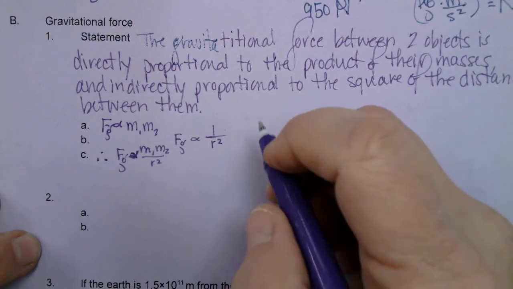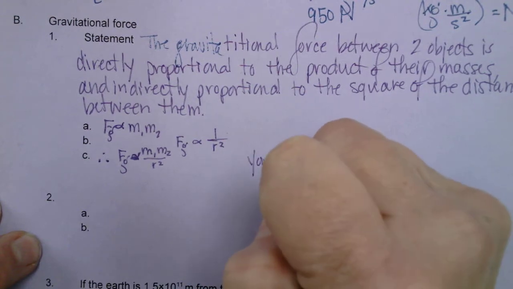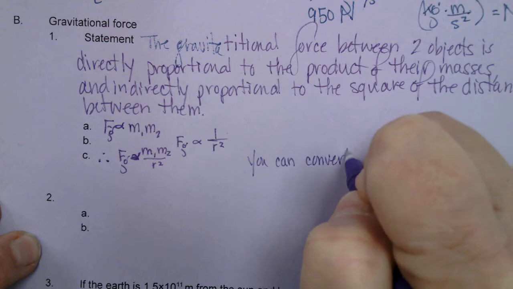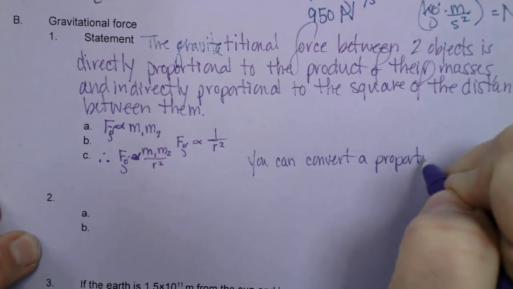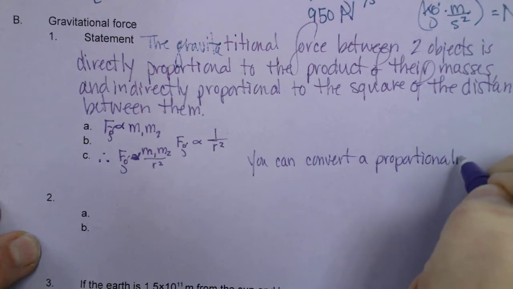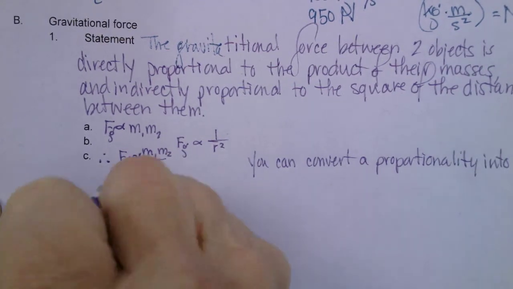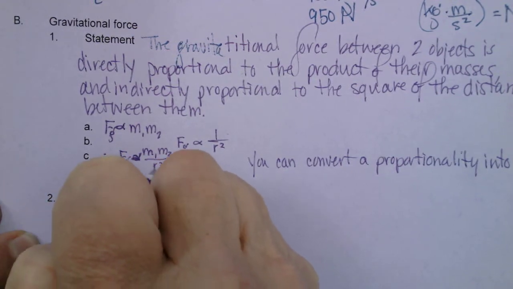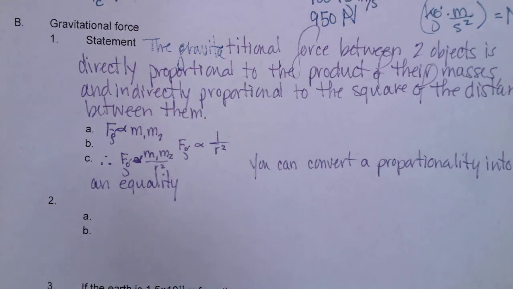And here's the statement that I'm going to use if I have not already. You can convert a proportionality into an equality by doing something to it that you already understand.